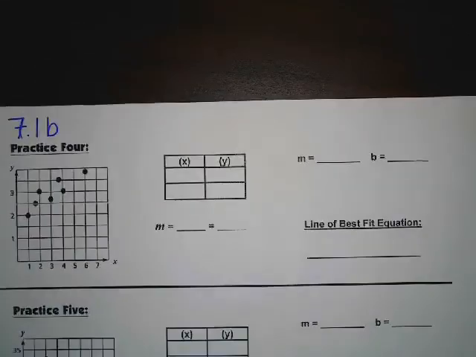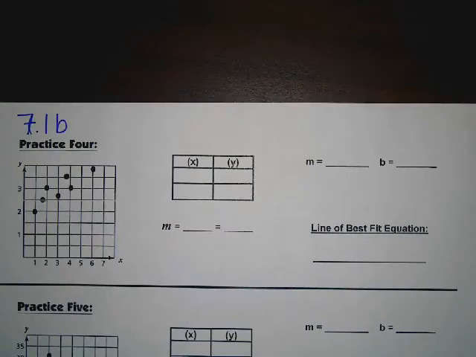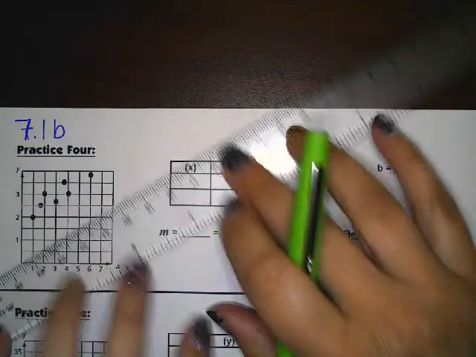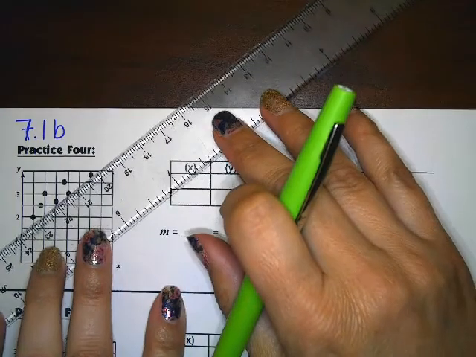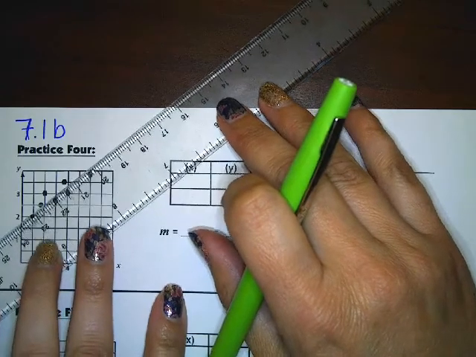On the second page, we have our scatter plot, but this time our line of best fit is not drawn in for us. We have to do that part, and then everything else is done exactly the same. So looking at our graph, let's take our ruler, and we're going to estimate based on this line.